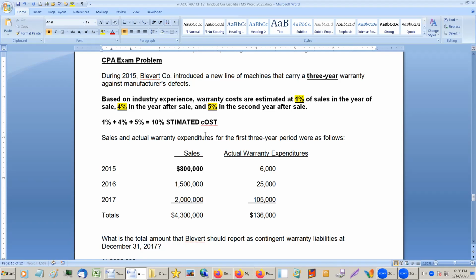That didn't exactly look how I wanted it to. Let's try this again. So 10% is the estimated cost of it. This is a total cost. Okay, so I'm going to add another line here.